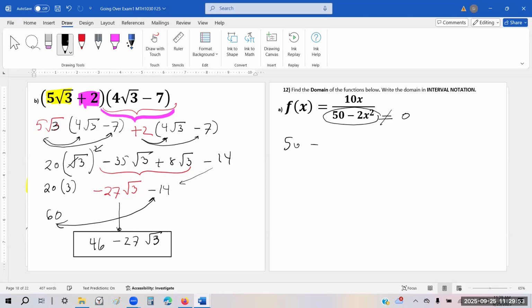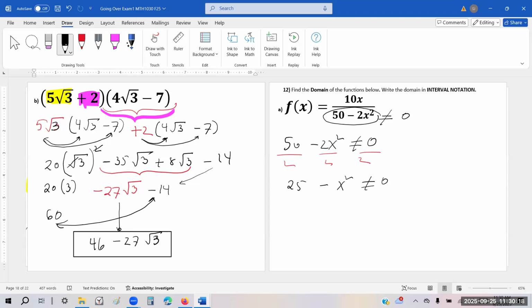So we have 50 minus 2x squared. The entire result cannot be 0. You divide everything by 2 because these are all even numbers divisible by 2. So you get 25 minus x squared cannot be 0.